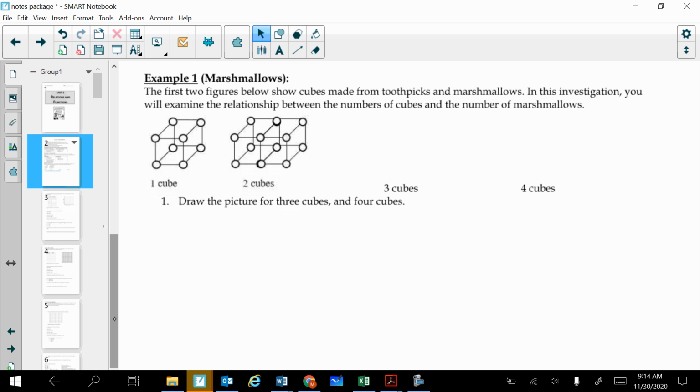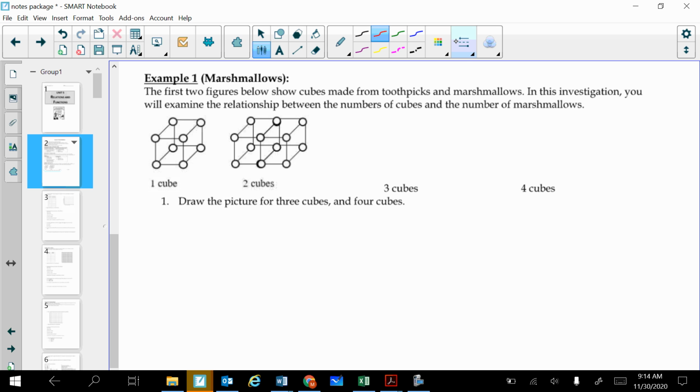The first two figures below show cubes made from toothpicks and marshmallows. In this investigation, you will examine the relationship between the numbers of cubes and the number of marshmallows. So take a look, we've got one cube. Let's count how many marshmallows we've got. I'm going to mark these in red.